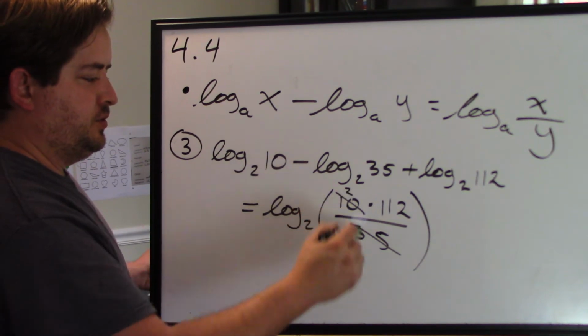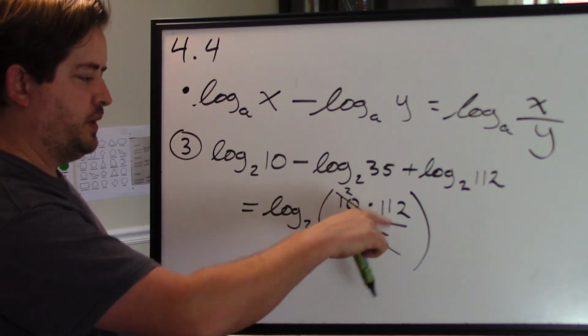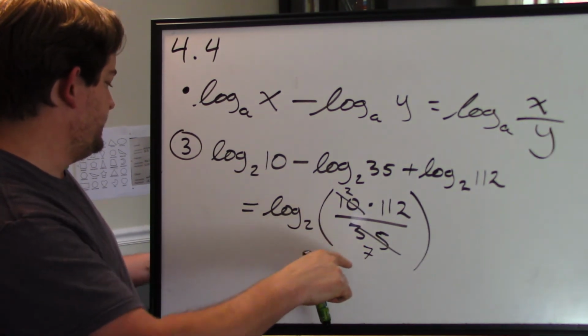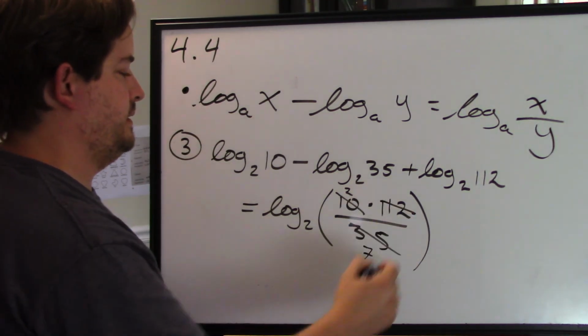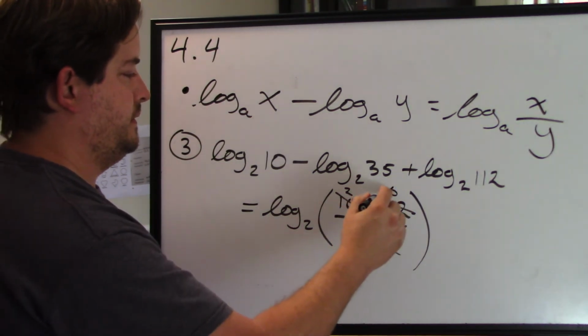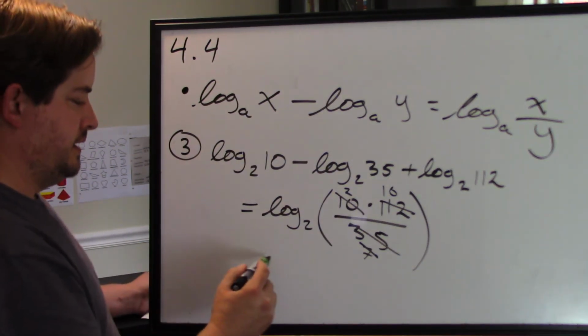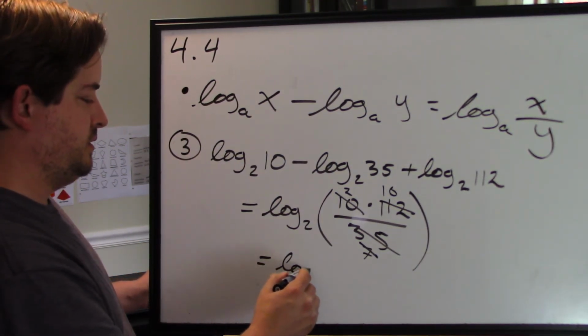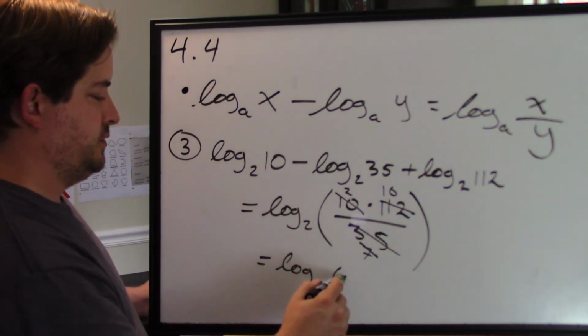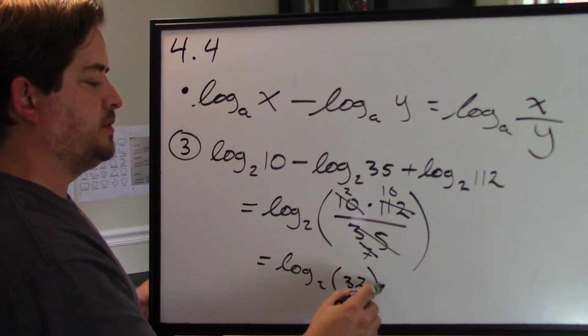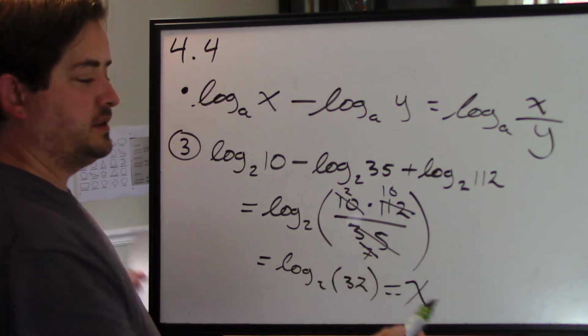That leaves me with a 2 and a 7. 112 is divisible by 7. That is 16. And so in fact I get the log base 2 of 2 times 16, so I get the log base 2 of 32.